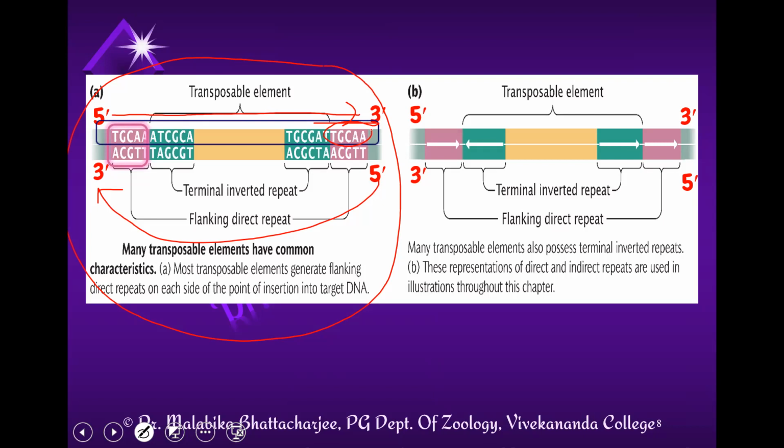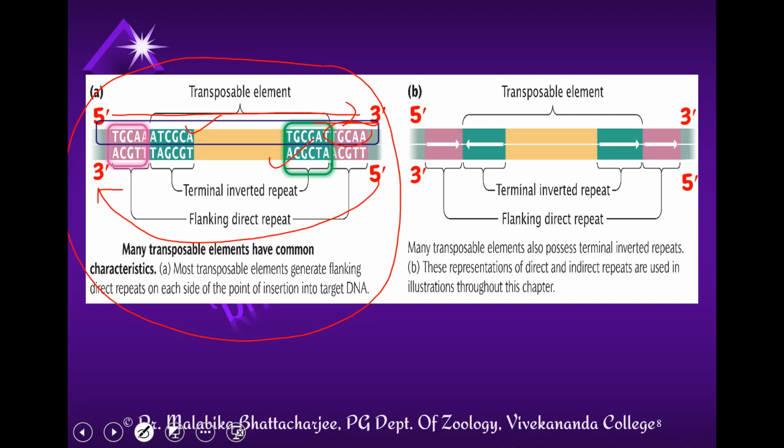Now coming to the other thing I discussed while explaining the other slide, the inverted repeat. When we read the inverted repeat, we always read it in the 5' to 3' direction for one strand and the 5' to 3' direction for the other strand. So if you read the sequence here, it is 5' ATCGCA 3'.